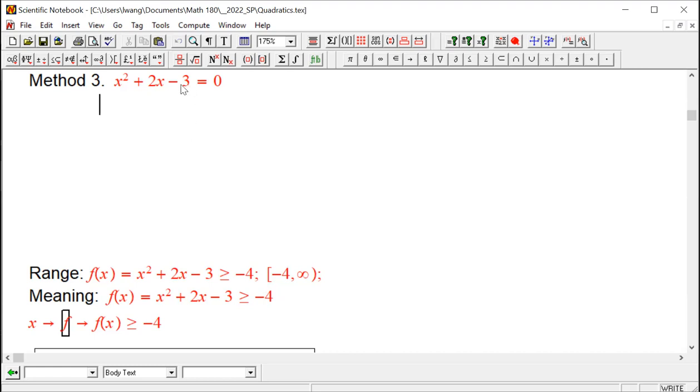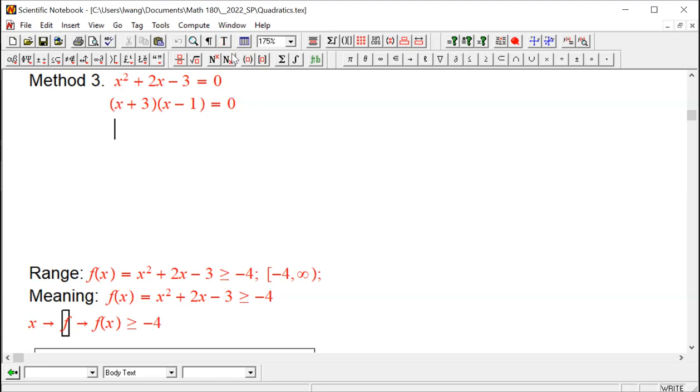Here, I just assume you are pretty good with factoring. So you're going to get x plus 3 times x minus 1. The question is sometimes the factoring cannot be done so easily. In this case, it happens to be pretty easy to do the factoring.